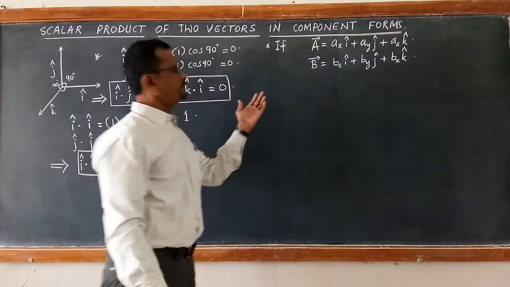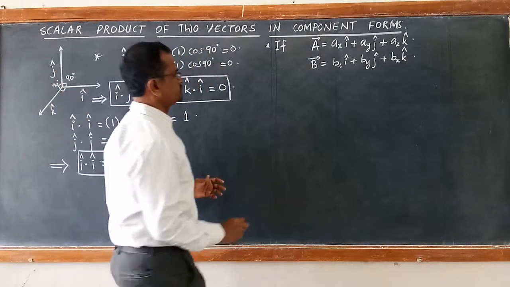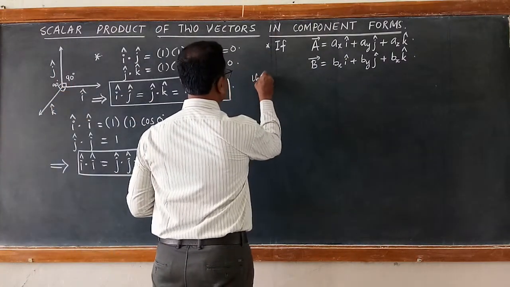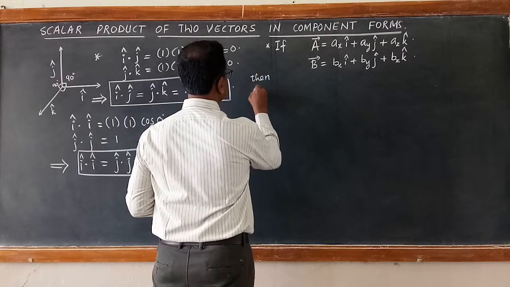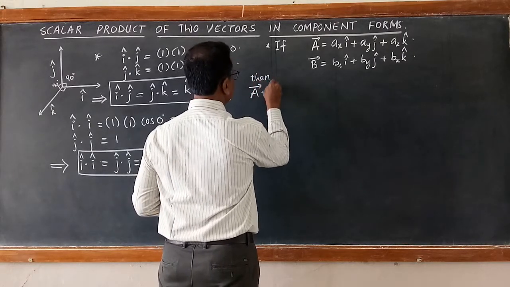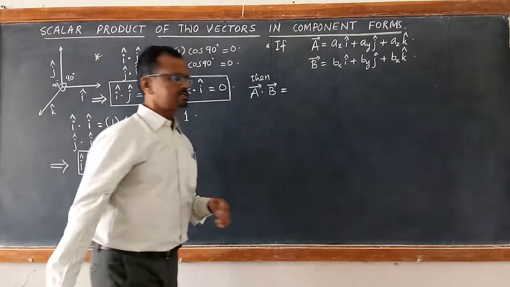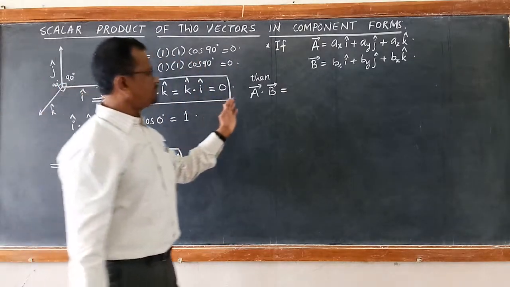Suppose we want the dot product of these two, then what is A dot B? What is vector A dot vector B?